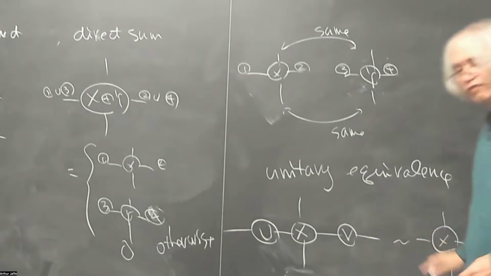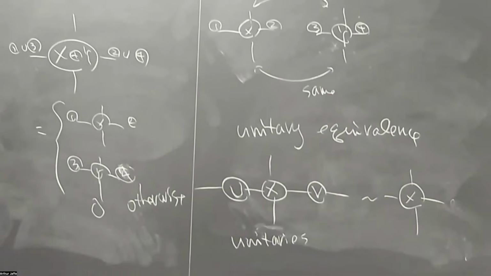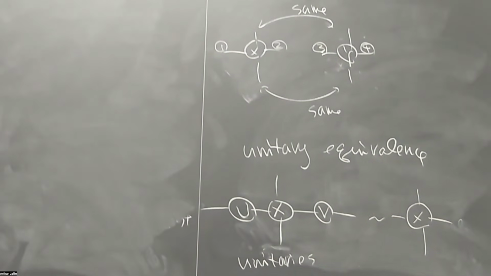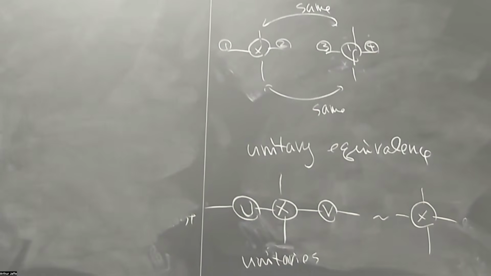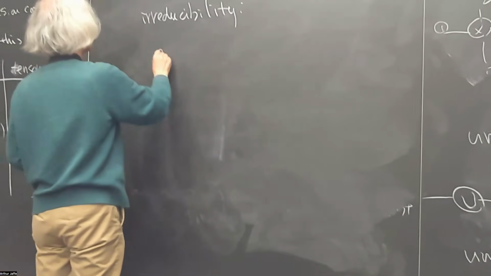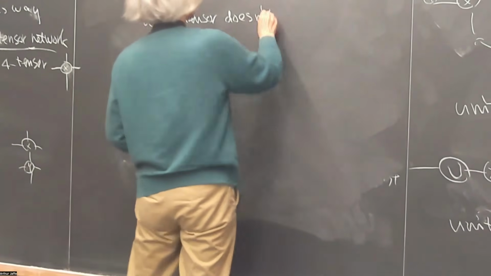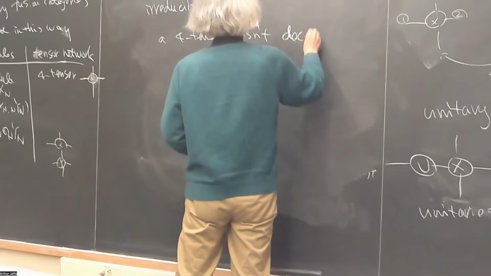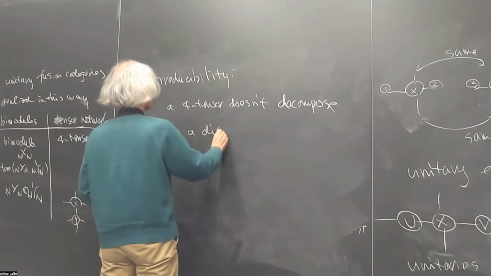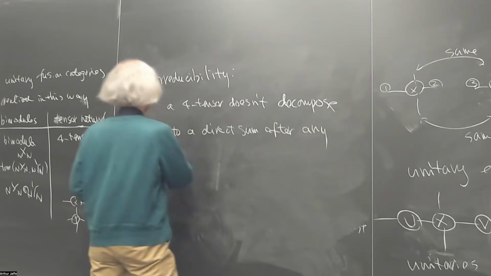So this is basically the definition of unitary equivalence. Then irreducibility: I mean that a four tensor cannot be decomposed into a direct sum after any unitary equivalence.